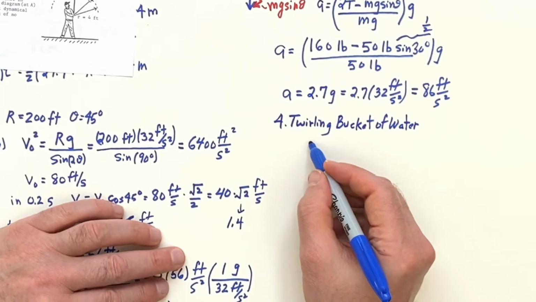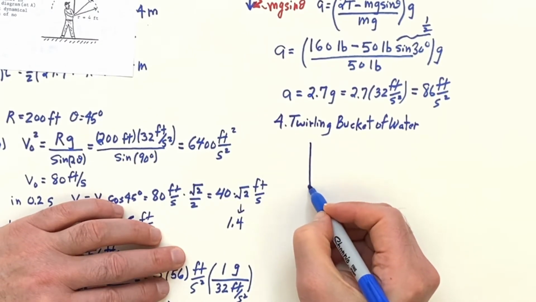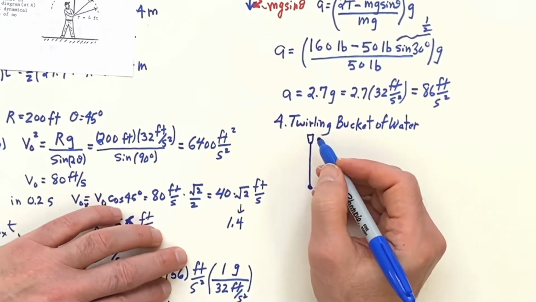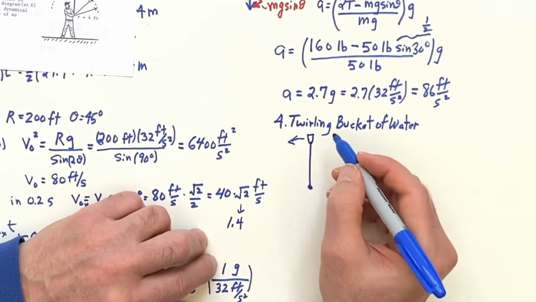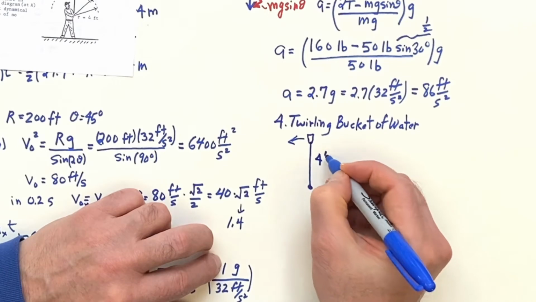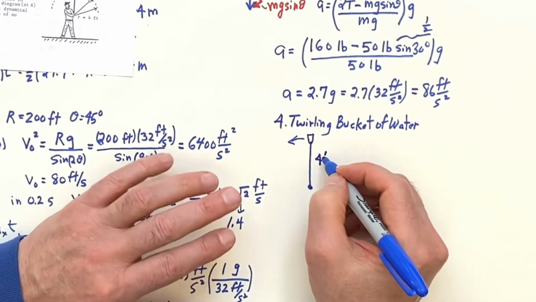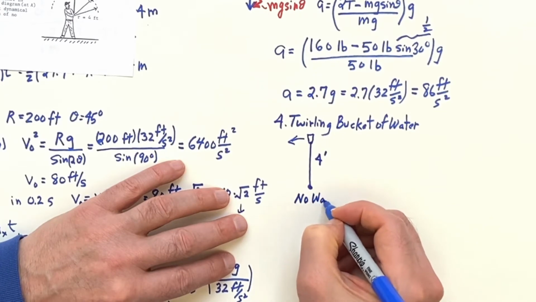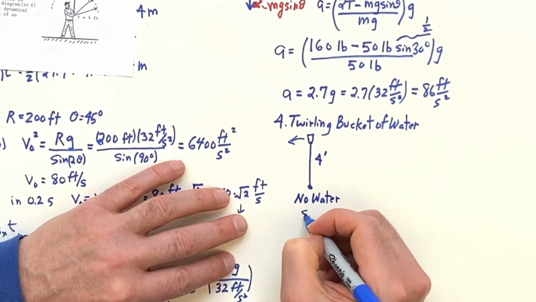So here, I'll just go ahead and draw a little picture of the bucket, like this. It's going that way. This is 4 feet, a little more than a meter, and no water spilling.